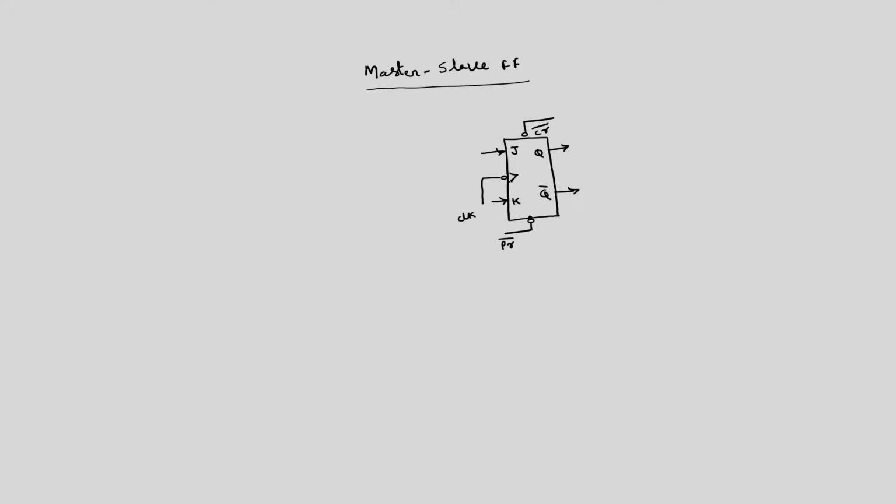state. Inside this master slave JK flip flop, we know that we have one JK flip flop which will act as a master and another SR flip flop which will act as a slave.